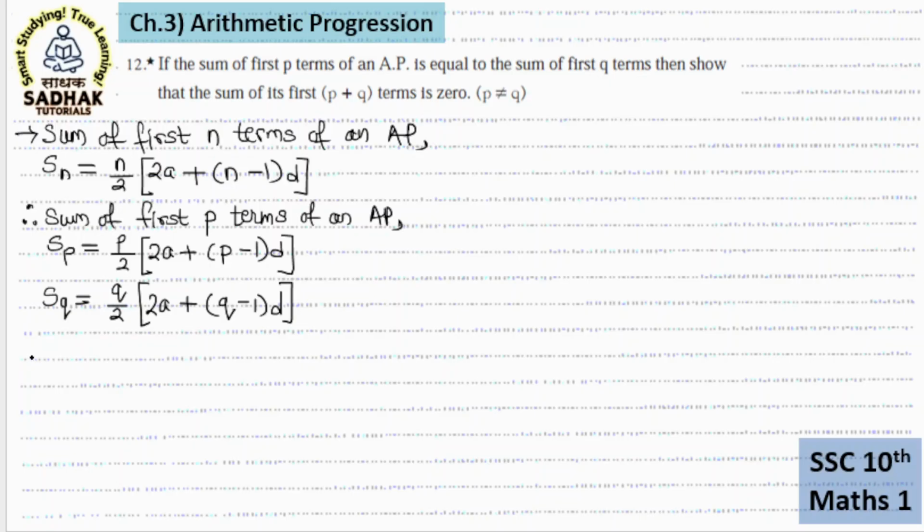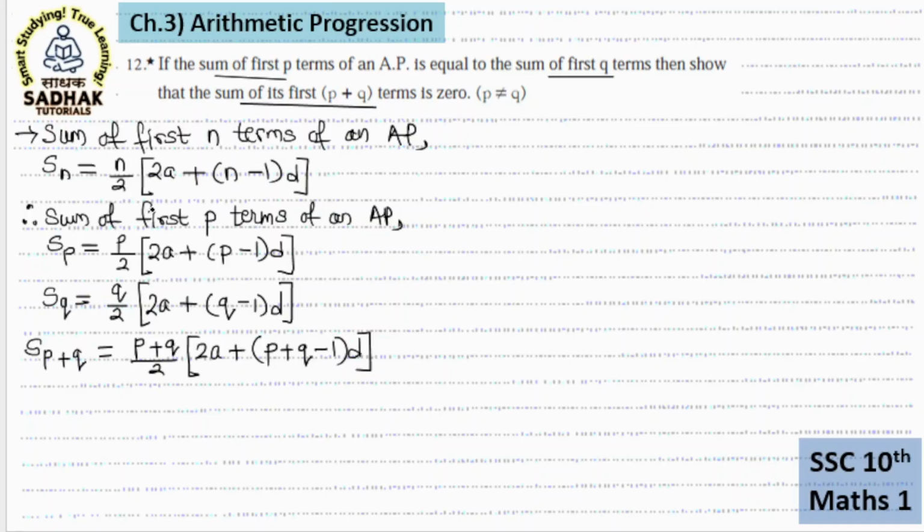Okay, and similarly the sum of first p plus q terms will be written like this: S(p plus q) is equal to (p plus q) upon 2 [2a plus (p plus q minus 1)d]. Okay, this we have written.